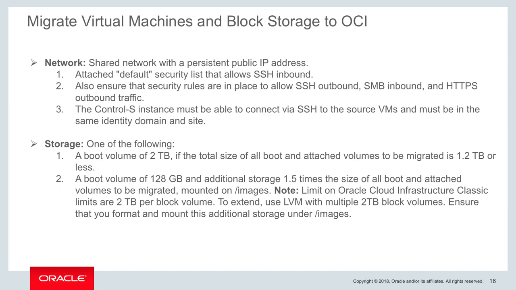Note, the limit on OCI Classic is 2 terabytes per block volume. To extend, use LVM with multiple 2 terabyte block volumes. Ensure that you format and mount this additional storage under /images.